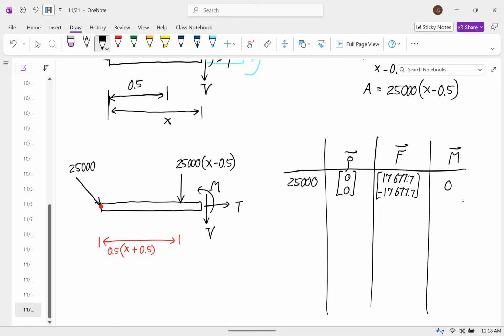The cross product is 0. Then we'll go to that distributed load. The x component of the row vector is 0.5 times the quantity x plus 0.5. Y is 0.